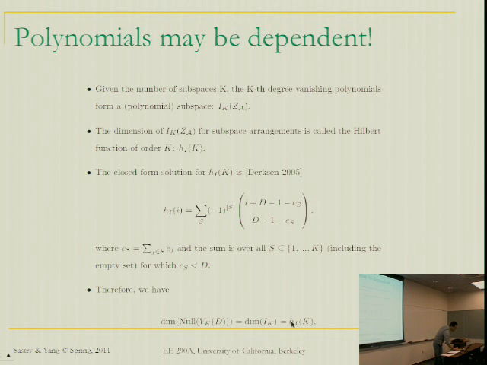The dimension of the null space of the embedded data matrix is equal to the dimension of the polynomial subspace that contains all the vanishing polynomials of your subspace arrangement. This is the exact definition of the Hilbert function of kth order. Okay? Are there any questions? This is probably one of the most important results of this lecture.